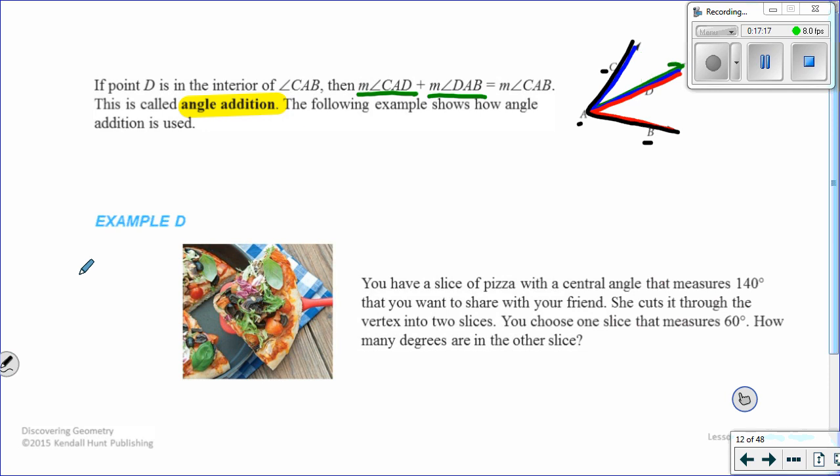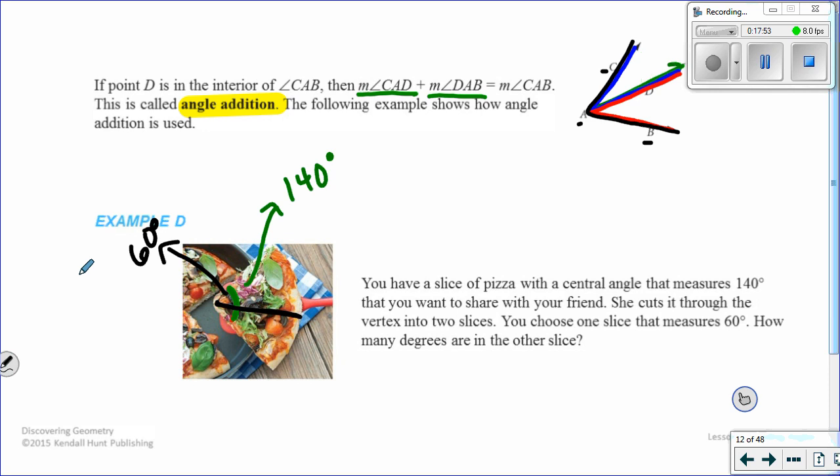In this next example, two pieces of pizza. So you have a slice of pizza with a central angle that measures 140 degrees. So we're going to see if we can do this here. Let's do green. Okay, so that interior angle is 140 degrees. If I want to split that piece of pizza and we cut it through, let's say we're trying to cut it through the middle, but it doesn't quite turn out to be the middle. You see that you cut it and one slice measures 60 degrees. So I'm going to cut that the best I can down the middle. But this angle ends up being 60 degrees.